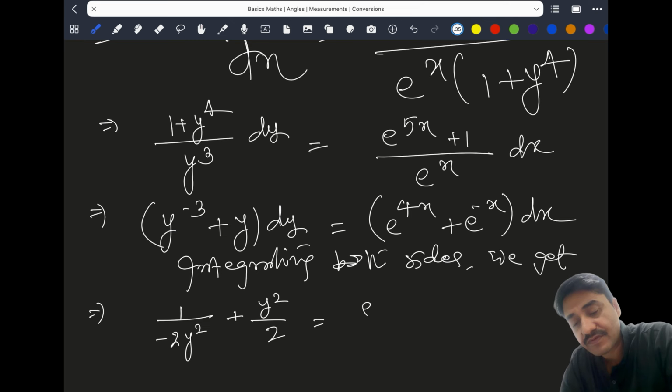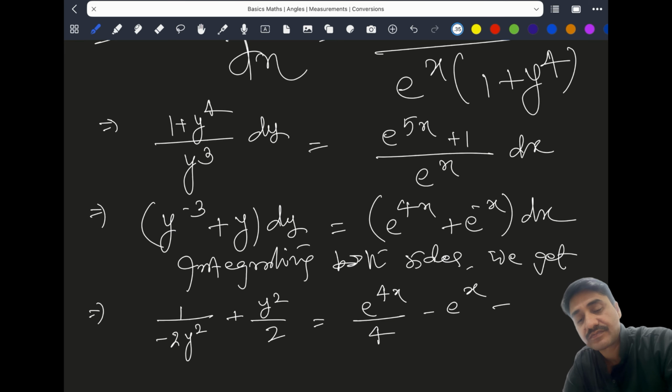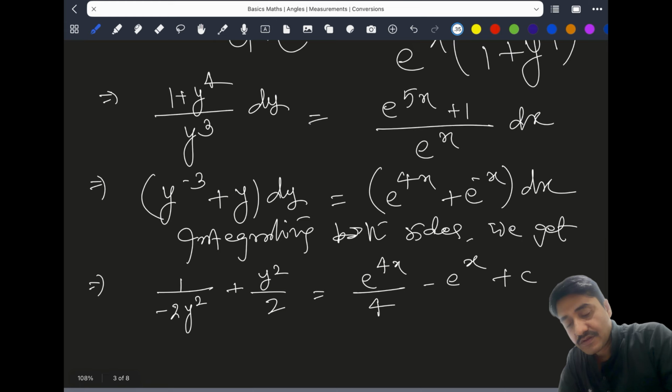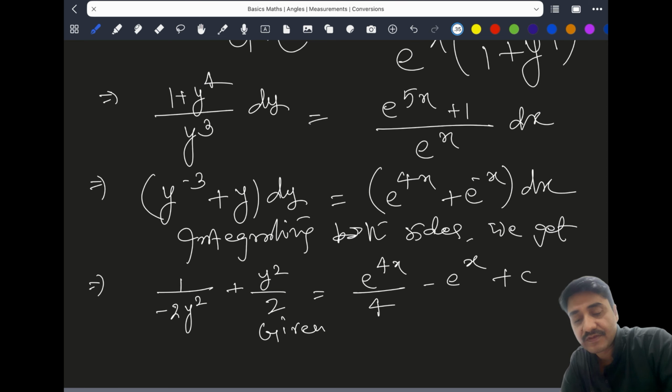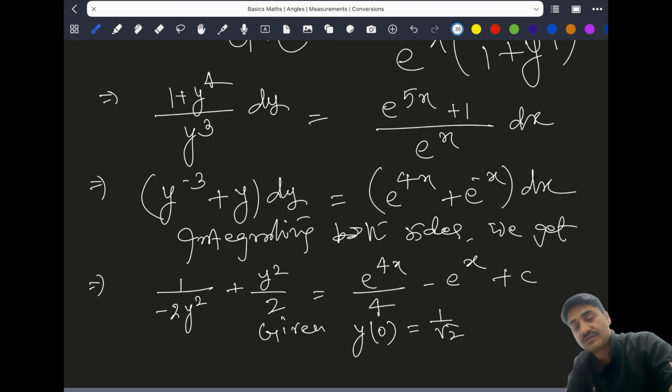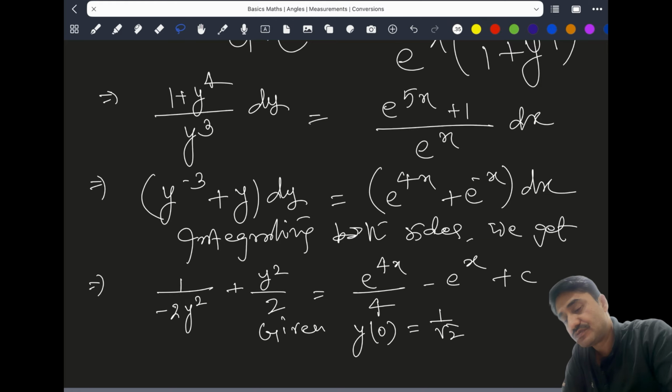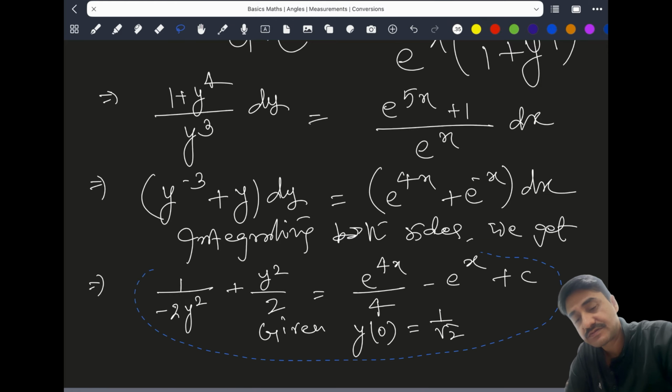This side will be e raised to 4x by 4, and here will be minus e raised to minus x, plus some constant. Now given information is y at 0 is 1 by root 2, we will put this value in the question. So let's do this. I have to do this on the next page.